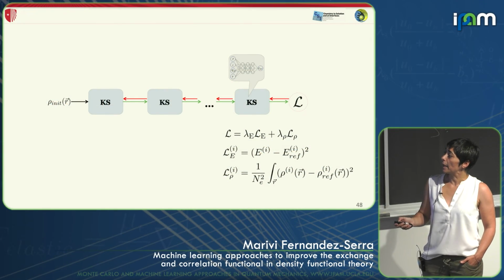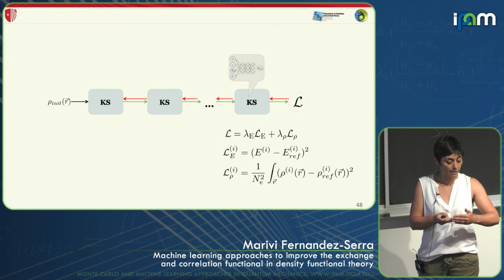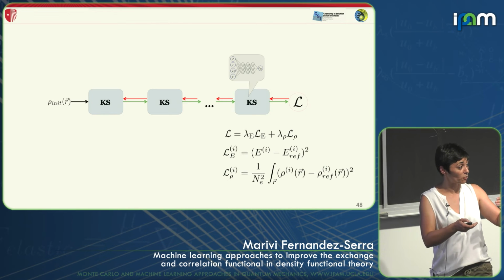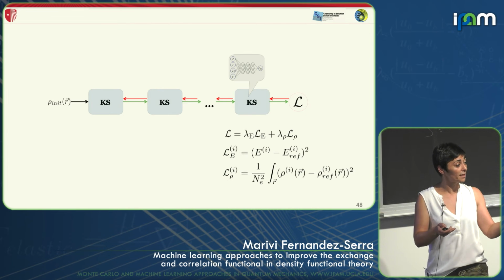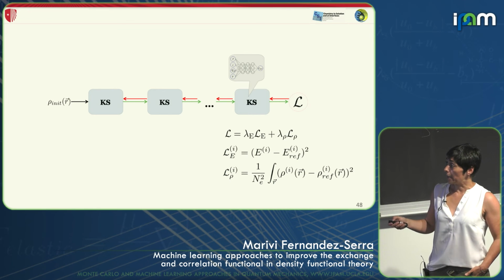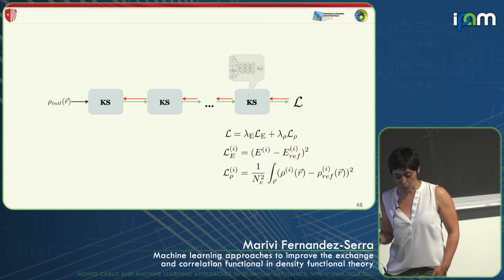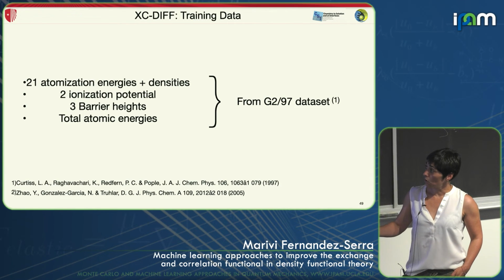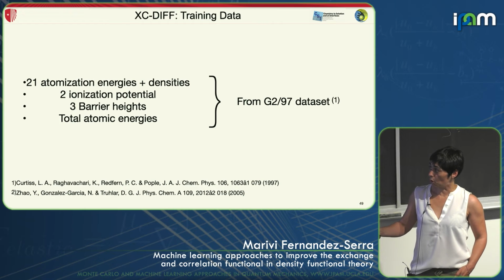First of all, we impose a loss function that favors a very reduced number of steps. So as we optimize, we decrease the number of steps in the self-consistent cycle. And second, we use symmetrized grids. The systems that we choose to optimize are these atomization energies and densities.